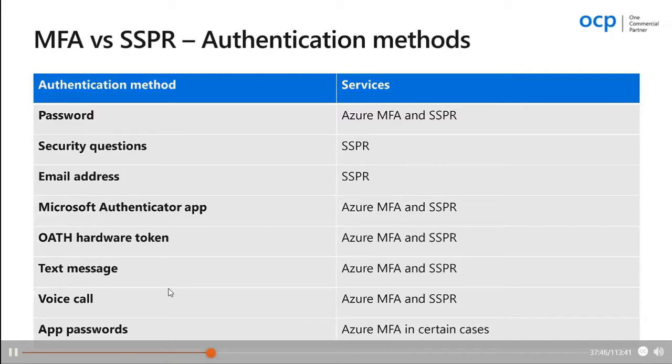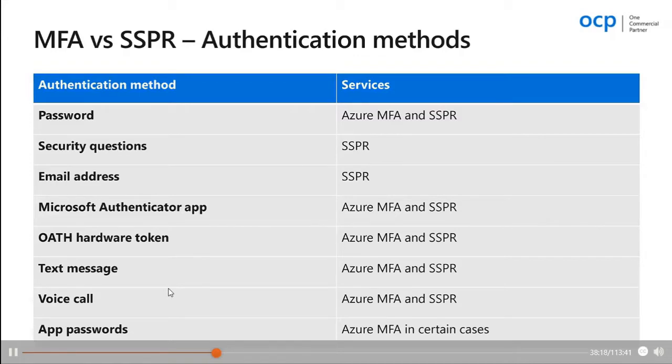But we have to be careful, because in terms of authentication method, not all services can use the same methods. So password, yes, both will be possible, but security questions and using the email address as an authentication method, only self-service password reset is allowed. Then, of course, both of them can also use the authenticator app, the hardware token, a text message, a voice call.